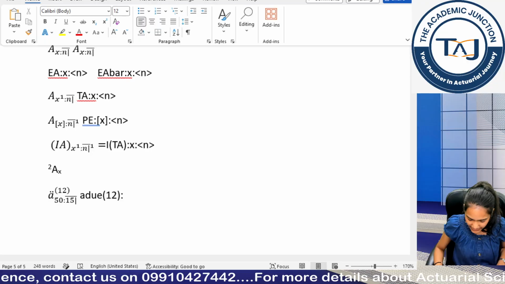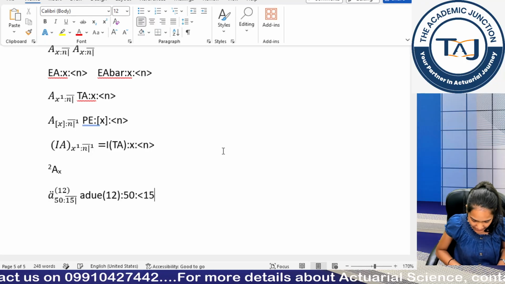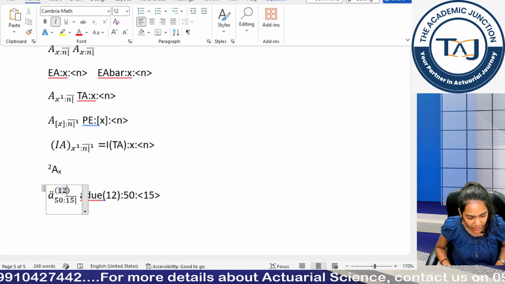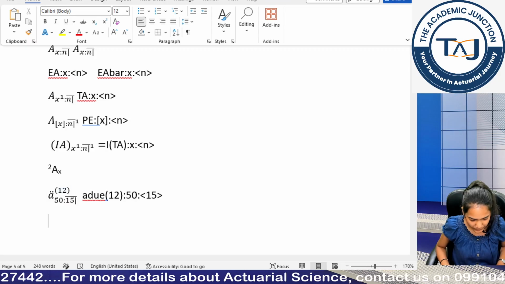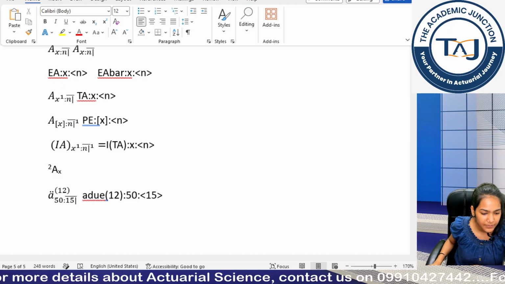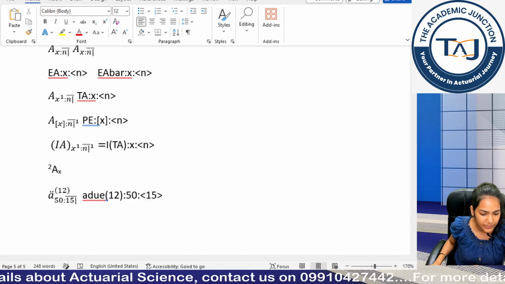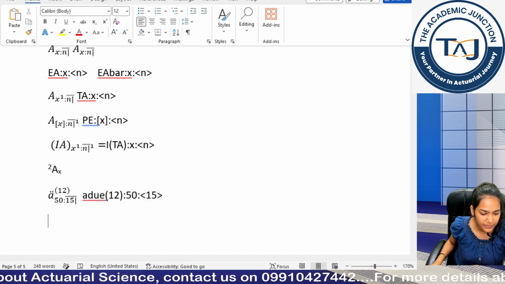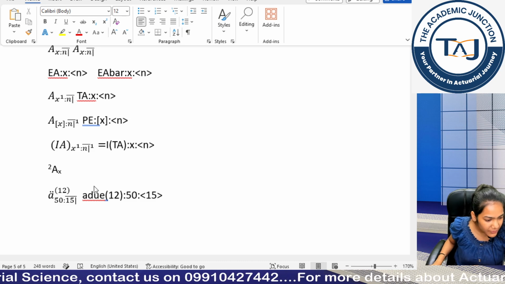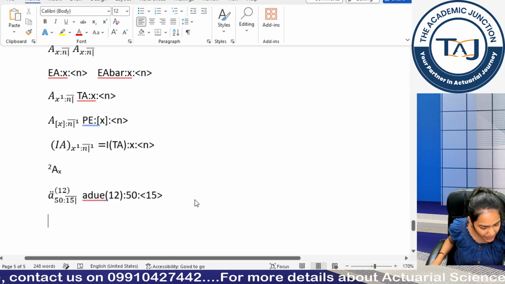I have 15 there, so 50, and for what time? 15 years, so I have this. So this is the way of typing in the normal approach. Is this clear? Is this clear? Please repeat. Which one should I repeat, Harshita? The equation editor one or the normal approach one?